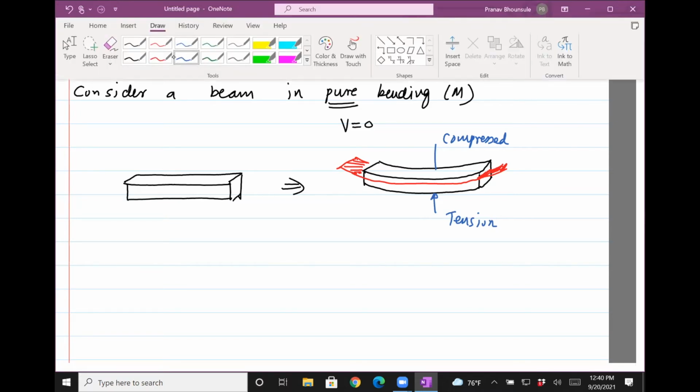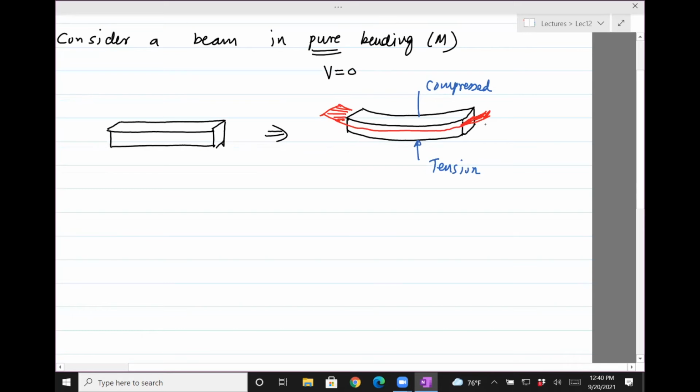So this layer shown in red, not stretched, okay, is known as the neutral layer. Put here to be correct, not stretched or compressed.